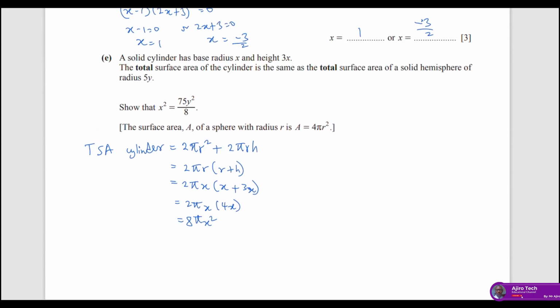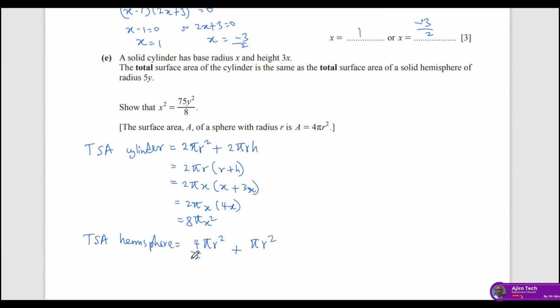For the sphere, total surface area of hemisphere, a hemisphere is half of sphere, is 4 pi r square over 2 because it's half of sphere. The sphere is 4 pi r square. The curved surface is this, and the flat surface will be a circle, which will be pi r square.